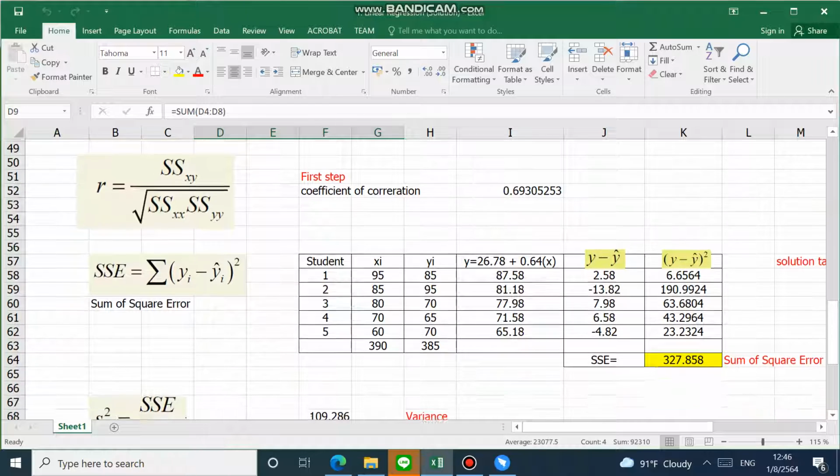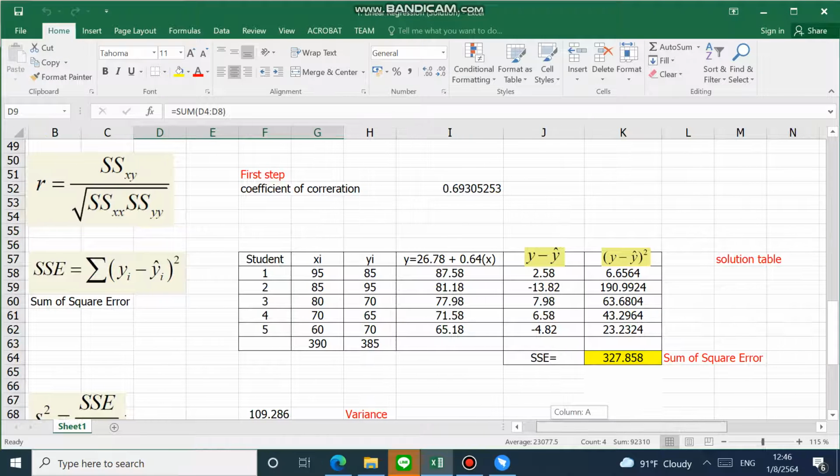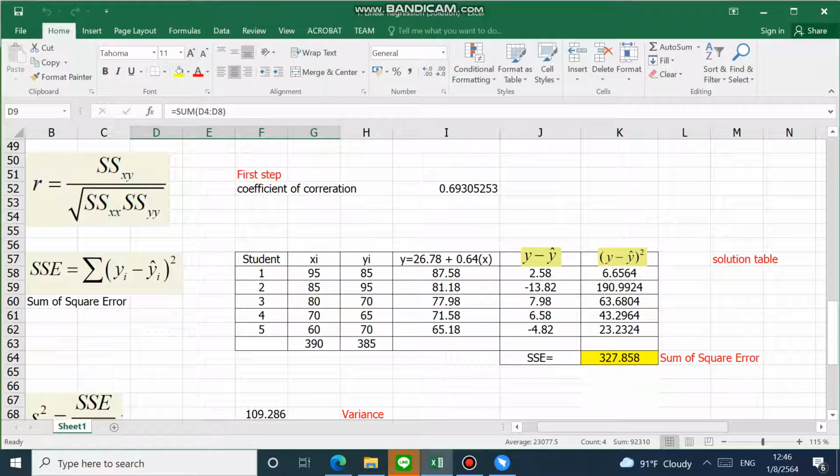This is the first step, and next you create another table in order to compute sum of square error. You create the solution table: x, y, and you have the linear regression equation.